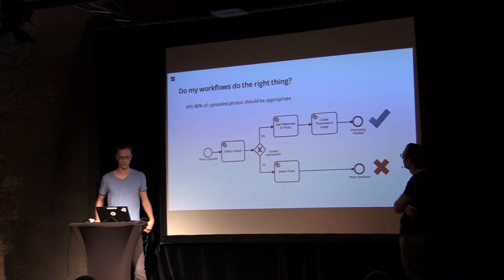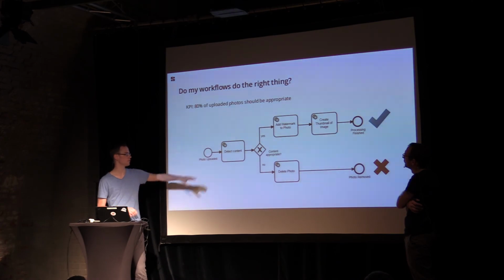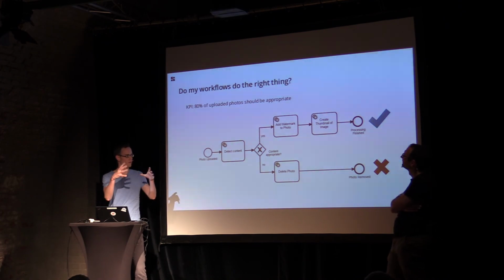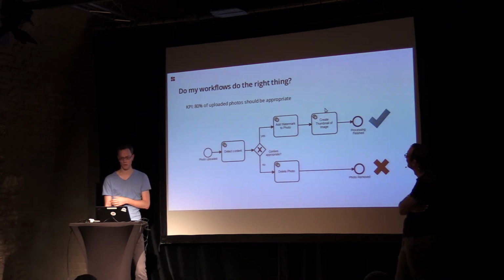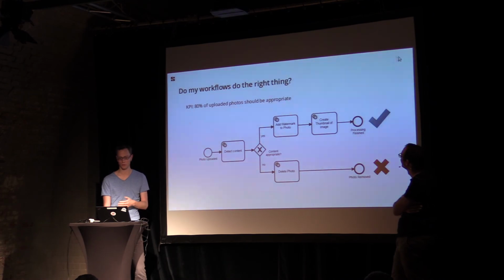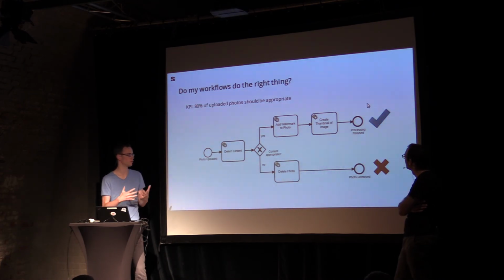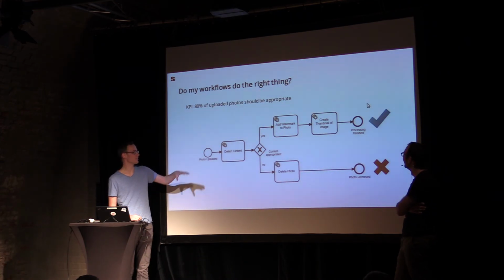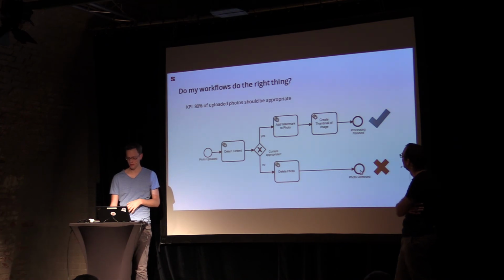And for example, from a business side, we could define KPIs based on the workflow. So, for example, we could say that our implemented workflow is good if more than 80% of images are appropriate and we do not reject everything. Then it's a good system in a sense. And we could define this KPI based on the workflow because we have different outcomes in our workflow.